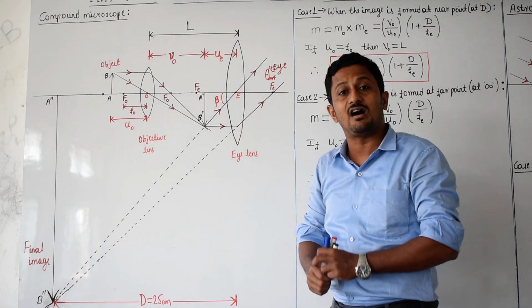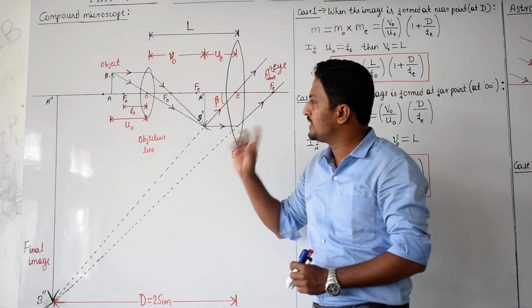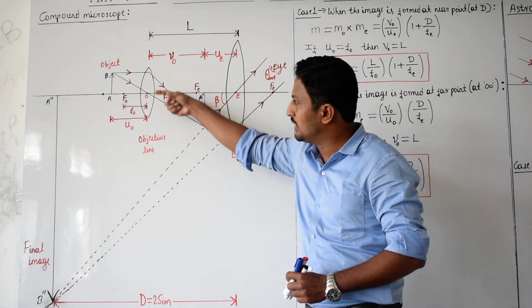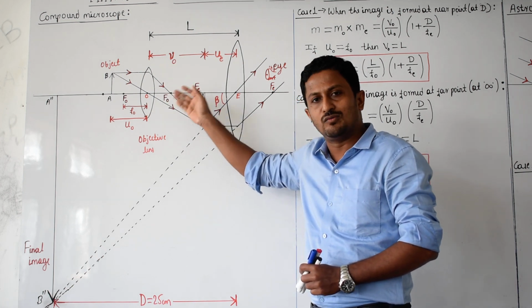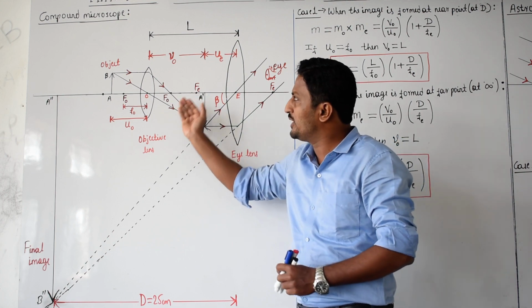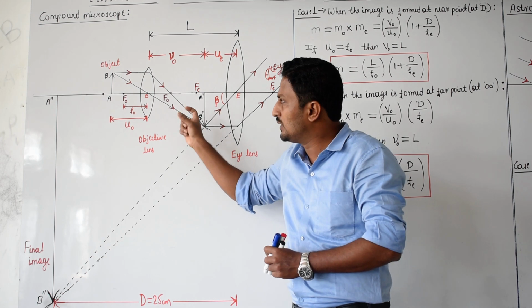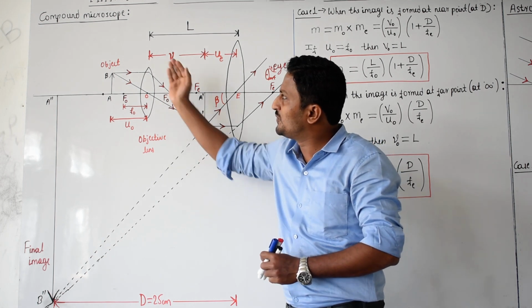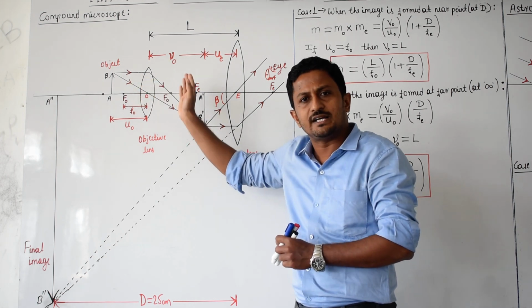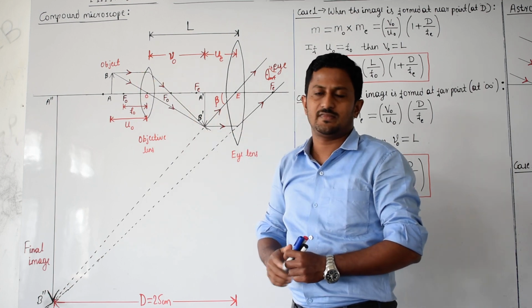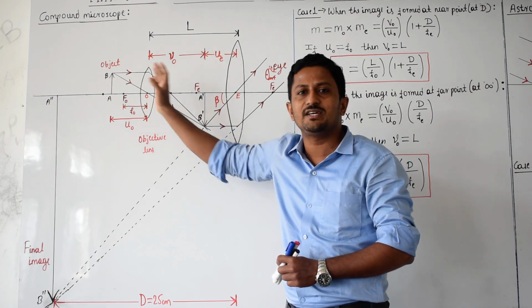Their sizes are different. So look here, the lens which has small aperture and small focal length is going to face the object. What does that mean? That small lens is near the object.